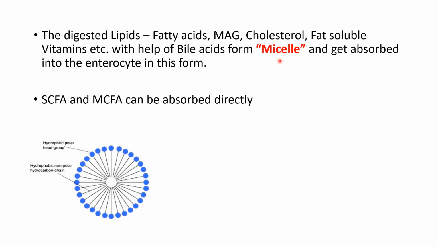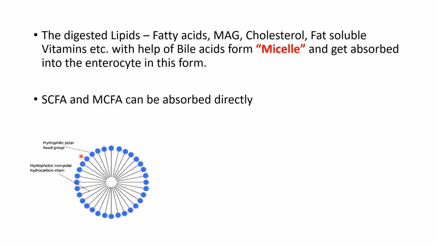So a micelle, as you know, is typically formed by amphipathic lipids, where a structure like this is formed, where the outside is formed by the hydrophilic or polar head groups of the amphipathic lipids. In the amphipathic lipids, there is the polar head and then there is a non-polar tail. So here comes the main role of bile acids, which is the most important amphipathic molecule here.